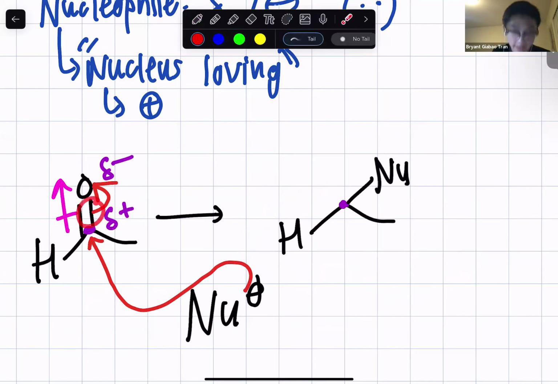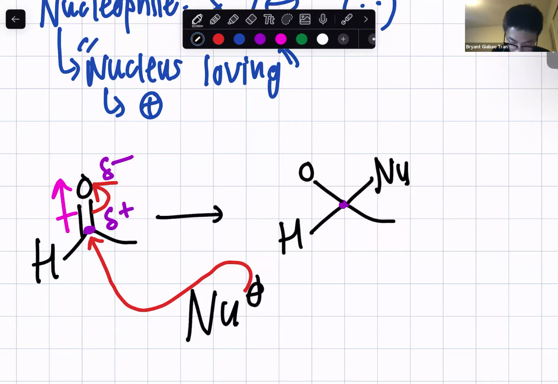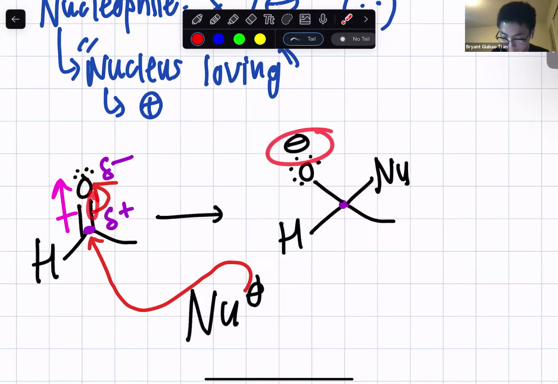Before it had a double bond to the oxygen, but now it has a single bond to the oxygen. And we know that before it had 2 lone pairs of electrons, but now it has 3 lone pairs of electrons because it gained another lone pair of electrons from that bond right there, which is why this oxygen is now a negative charge, right?